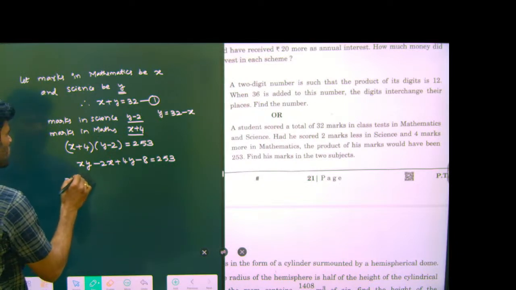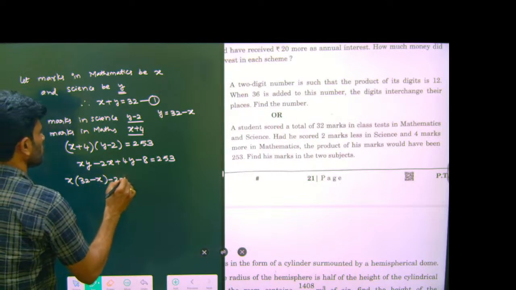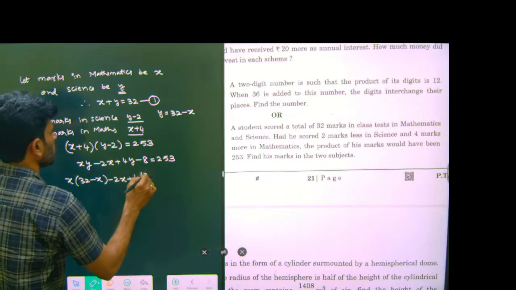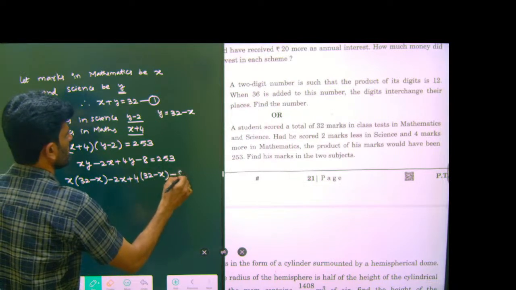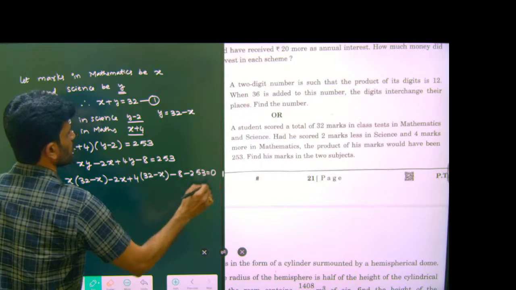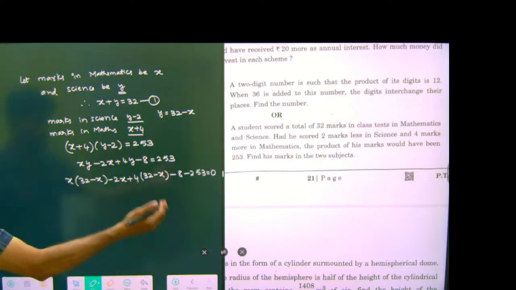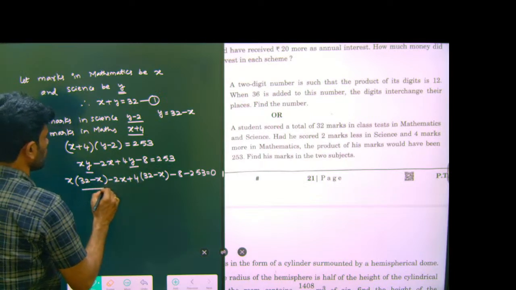And what we get, x into 32 minus x minus 2x plus 4 into again 32 minus x minus 8 minus 253 is equal to 0. I sent 253 also this side. Wherever y is there I substituted 32 minus x.